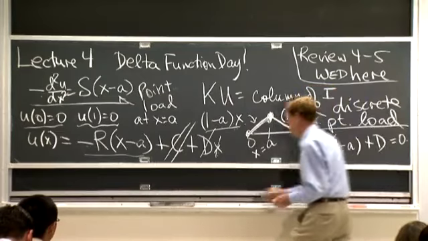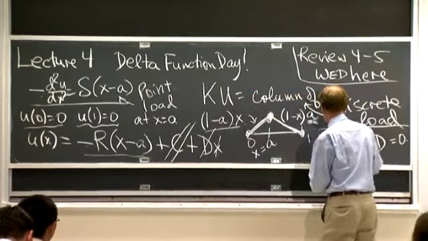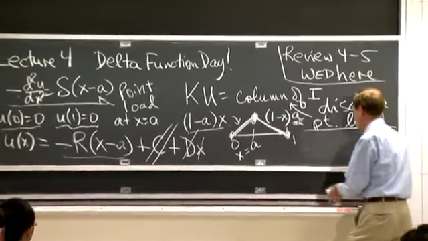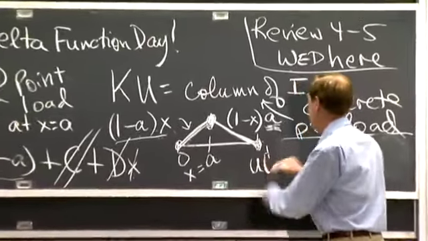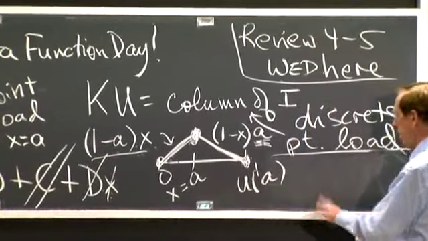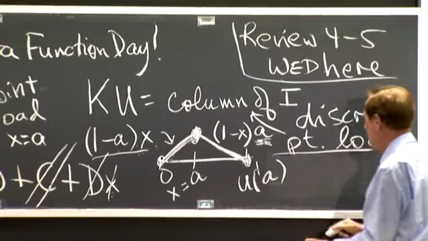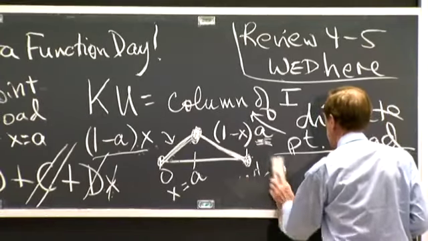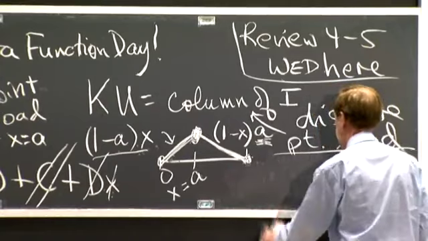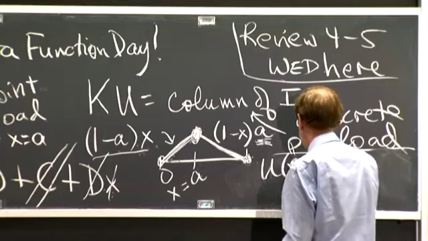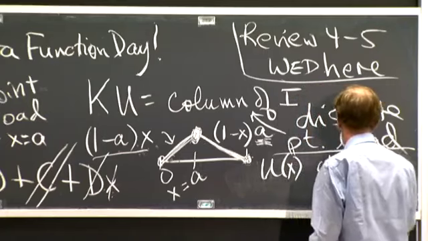I want to write down those jump conditions, because that's another way to see this. U of x is continuous.